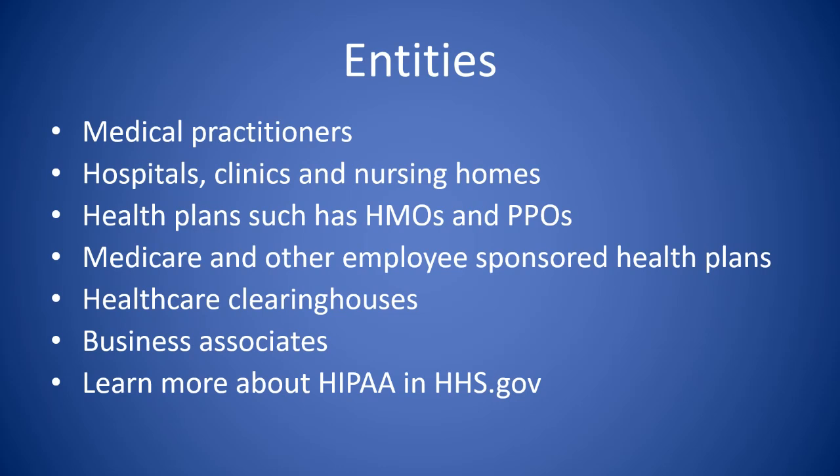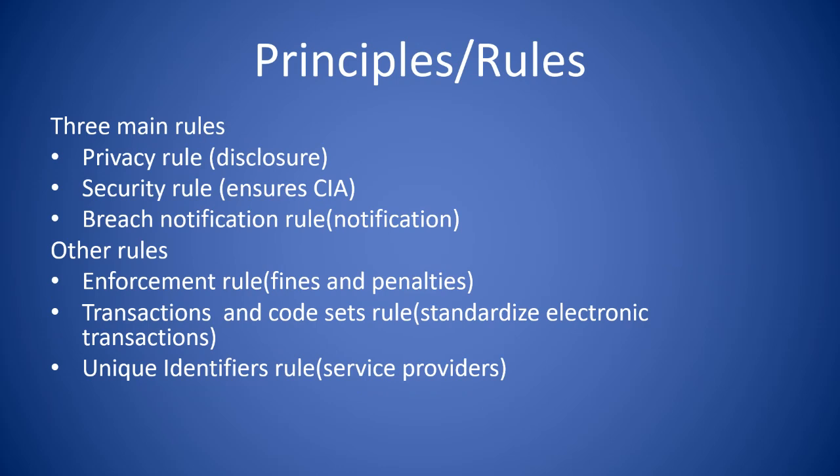Let us come to the principles of HIPAA. There are three main principles. The first one is the privacy rule, which attempts to protect the information from disclosure. The security rule, which ensures the confidentiality, integrity, and availability. And the breach notification rule.